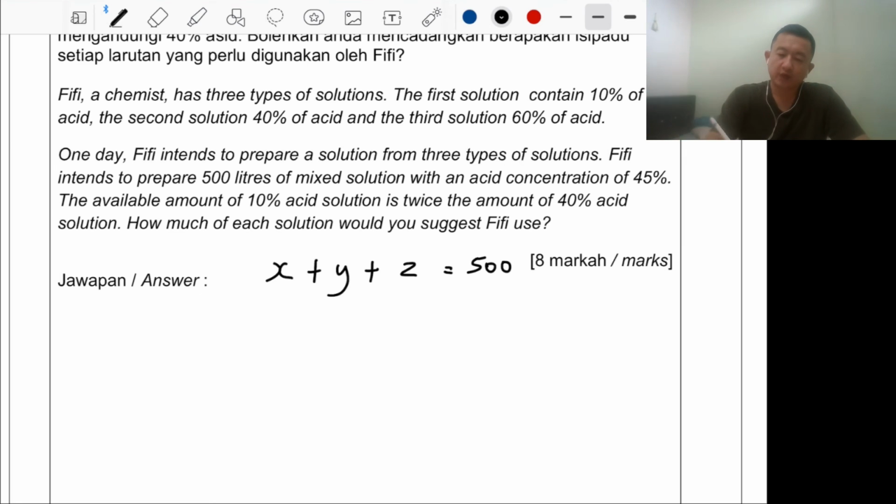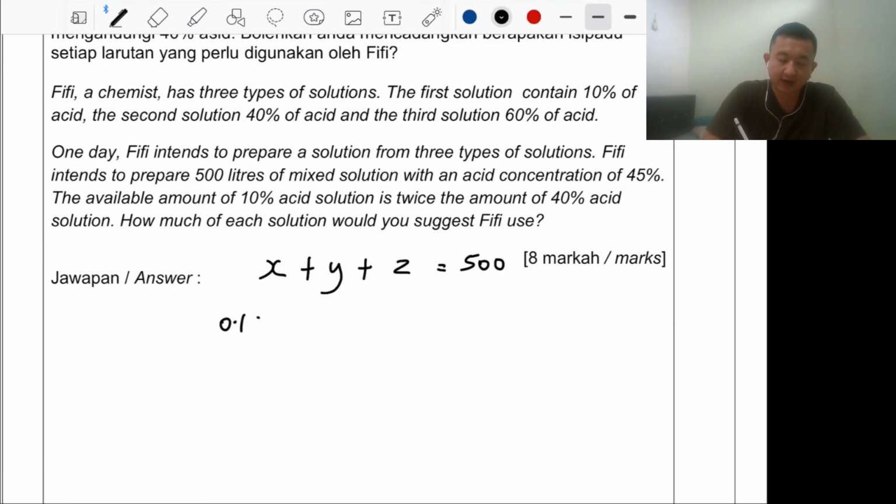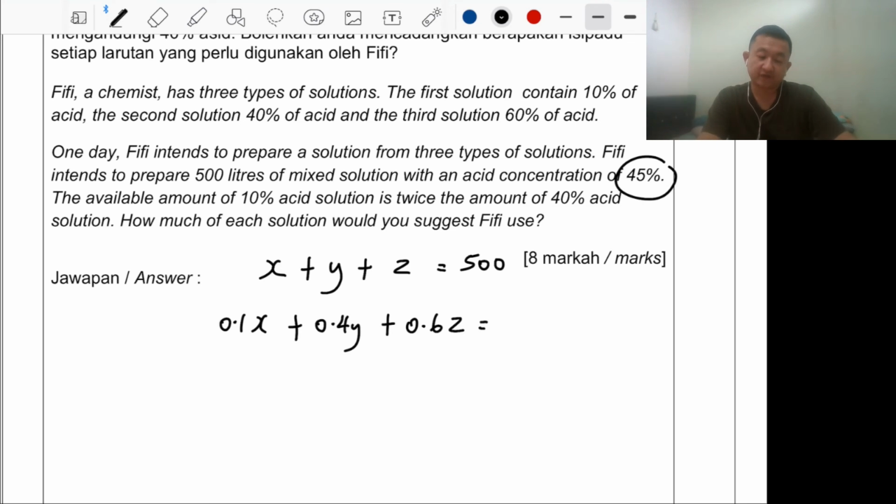And then now we know that 0.1x plus 0.54y plus 0.6z, all these acid with a concentration of 45%, meaning 0.45 of 500.